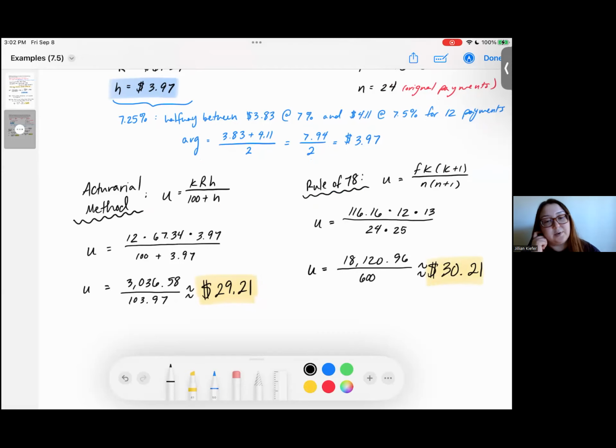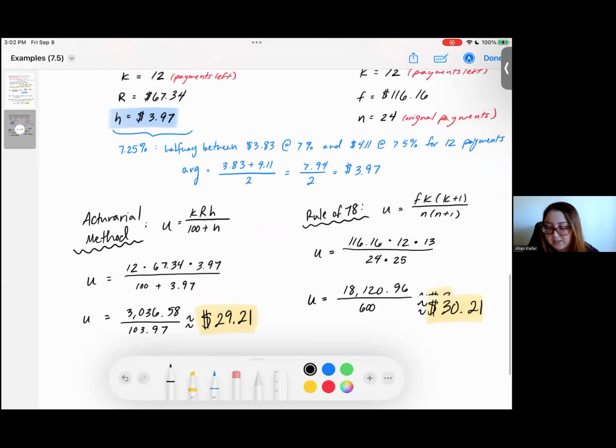So we see that our actuarial method and our rule of 78 did not produce the exact same number, but their numbers were close. They were only $1 apart and probably roughly $30. So we would say we save about $30. So you save $30 when you pay an entire year early.